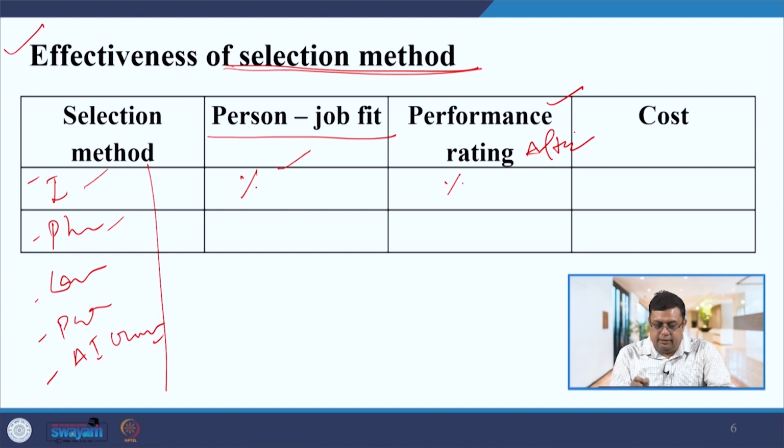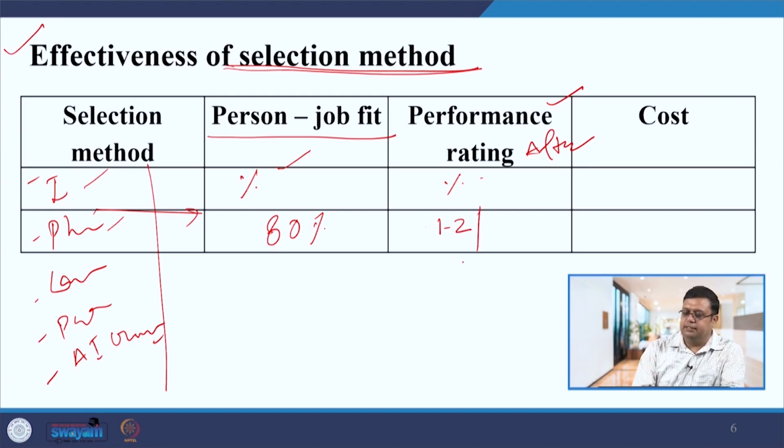For example, the percentage of job fit that the test is giving is 80 percent, the performance rating that is coming is just 1 or 2, and the percentage of goal achievement is just 20 percent. What does it indicate?